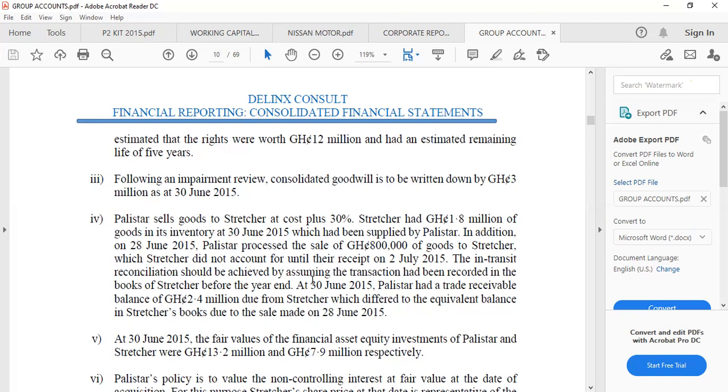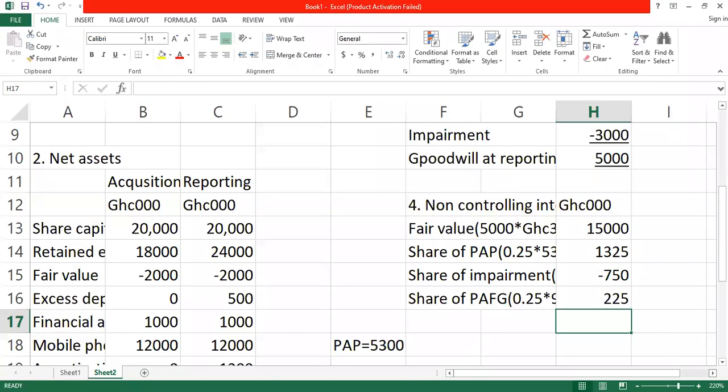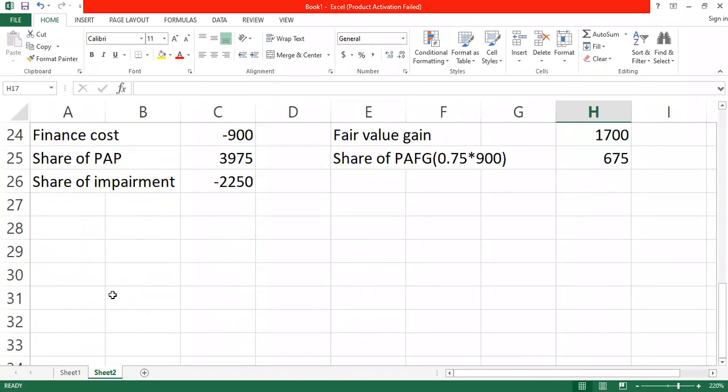So Stretcher is having these goods at a selling price. So what do we do then? We have to change the markup to margin. So how do we do that? Working 7, provision for unrealized profit.